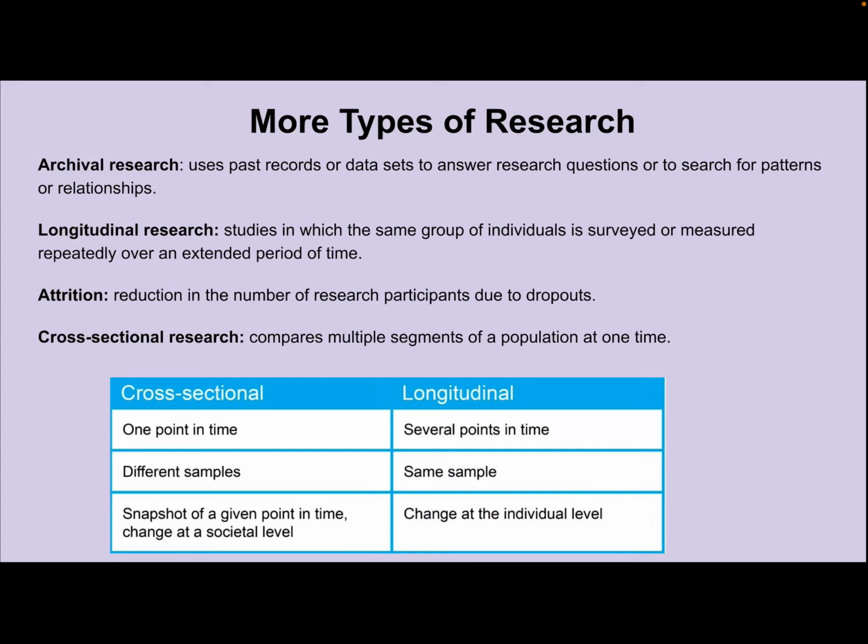Now let's discuss real experiments. We kept talking about how correlation does not mean causation. We cannot determine a cause and effect relationship from a correlational study. Correlation and causation do not go together. They're still very valuable studies, but if we want a cause and effect relationship, if we want to know that one thing causes the other, we need to use an experiment.